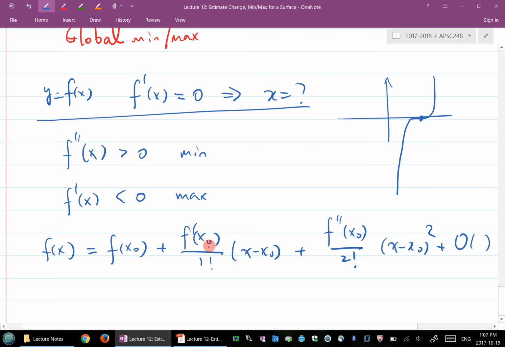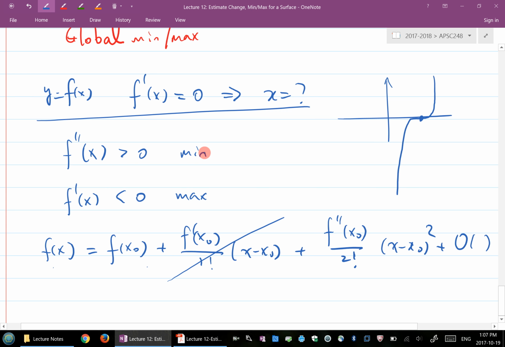If your first derivative at that location is 0, then this term will be gone. The second order term is the term determining the change of this function here, f(x) minus f(x0). If this is greater than 0, any value change around x0 will end up with a positive change, so the curve must be concave up. If this is a negative value, then every value around x0 will end up with a negative change. So that's why one is a min and one is a maximum. Okay.